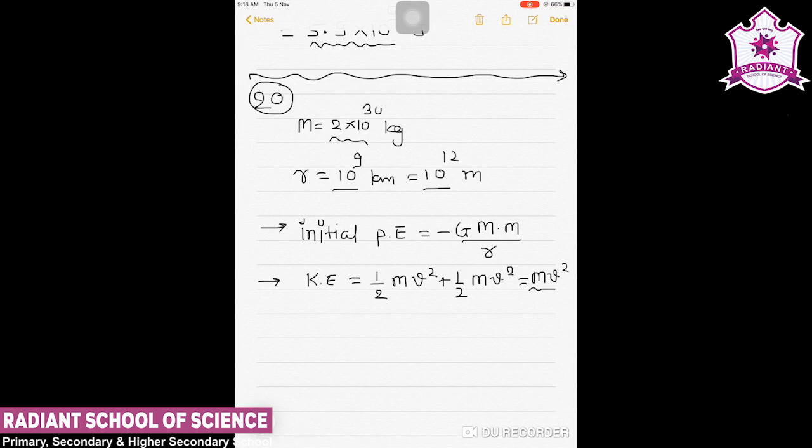Now when the stars are about to collide, the distance between their centers will be r dash, that is 2r.